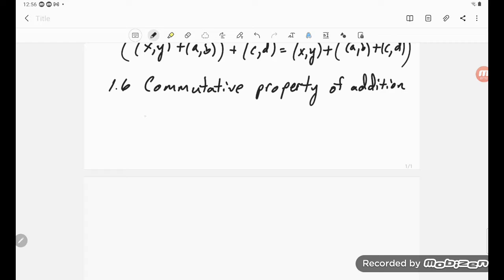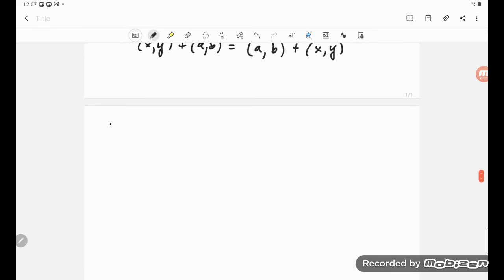The commutative property of addition says, oh, well, if I take x, y, and I add to that AB, then, well, I could have thought of it as AB plus XY. So there's our commutative property.